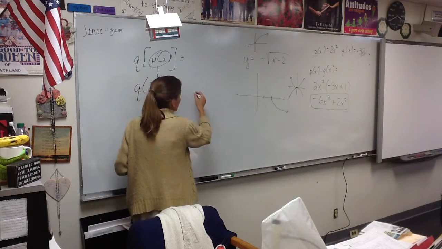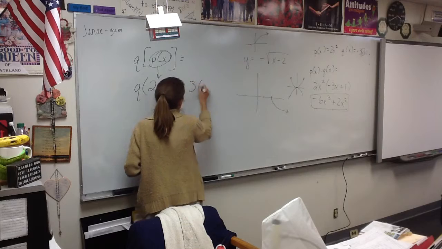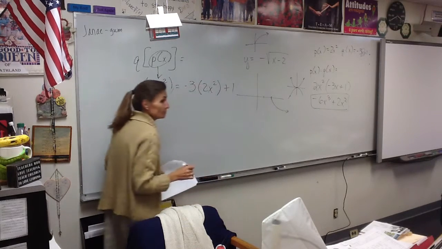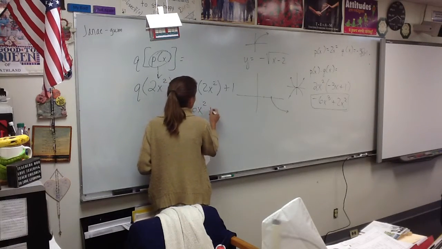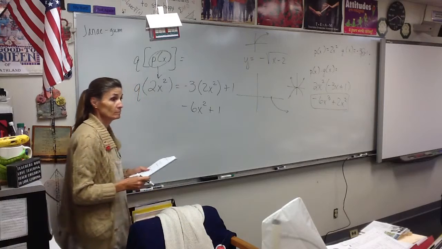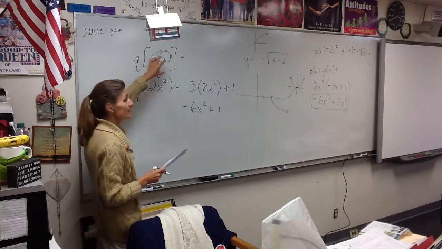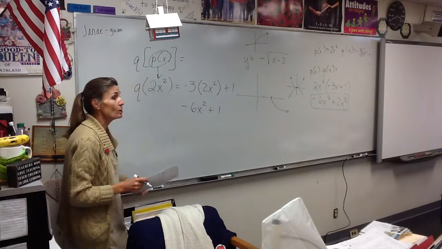So, Lindsay, what did you say that would be? You would say negative 3 times 2x squared plus 1. That's it exactly. And then simplify. So negative 6x squared plus 1. We're simply taking the P function and plugging it into Q.